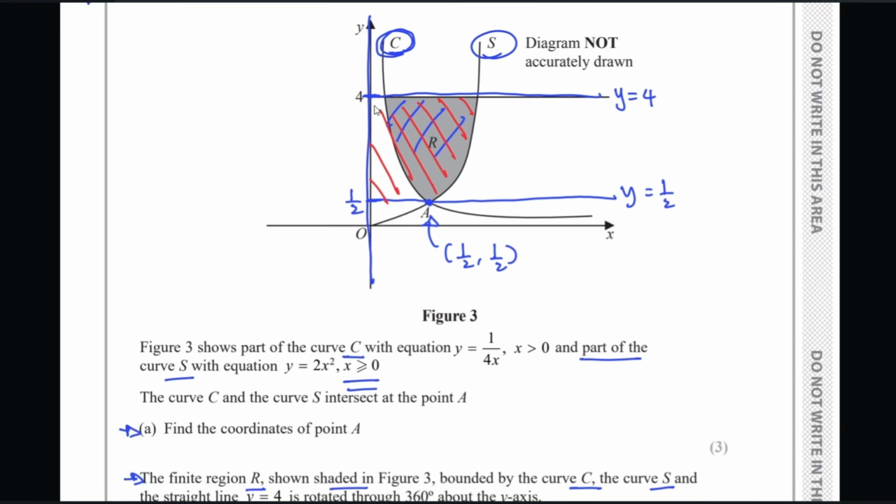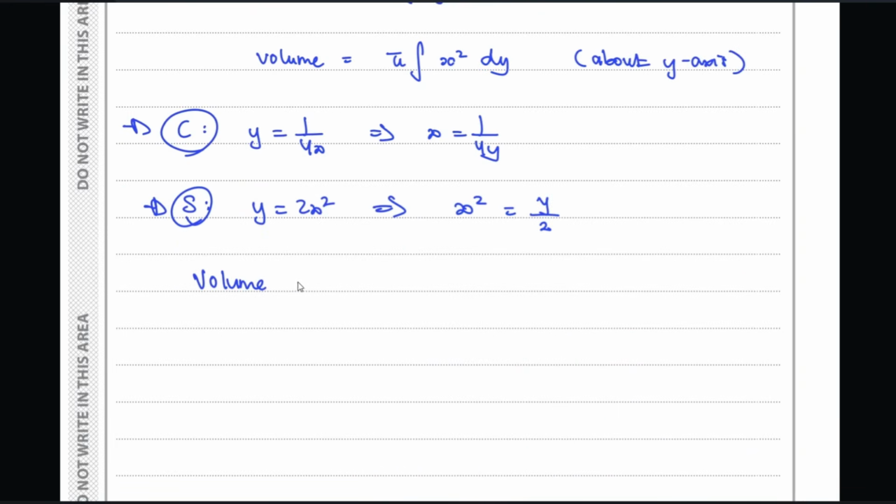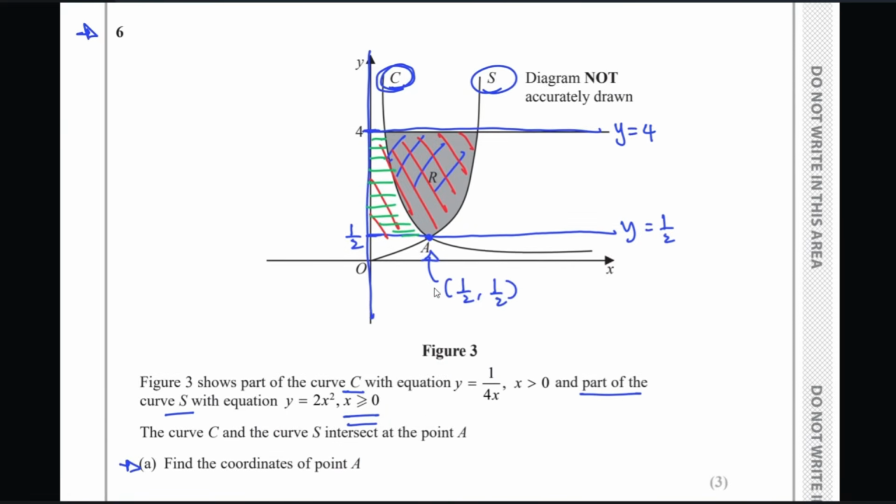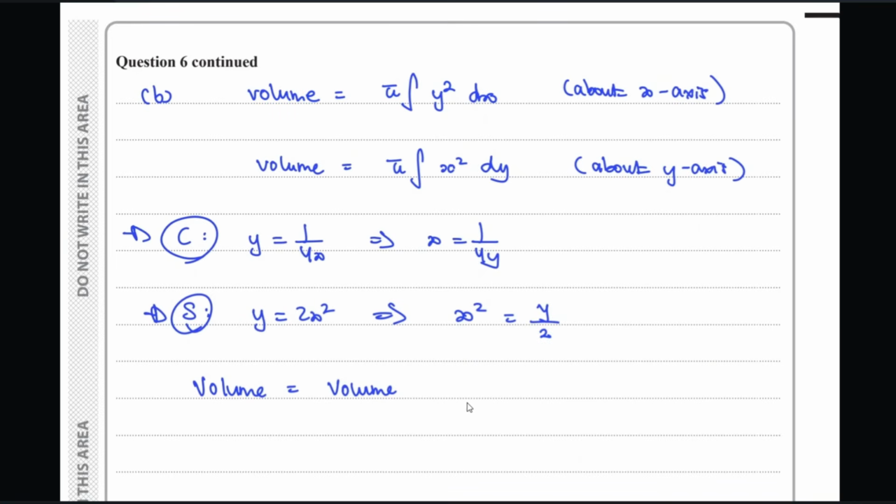This new volume would be formed by rotating this green area through 360 degrees about the y-axis, and this green area is the area formed between the curve C and the y-axis. So the volume of revolution is equal to volume due to curve S minus volume due to curve C.